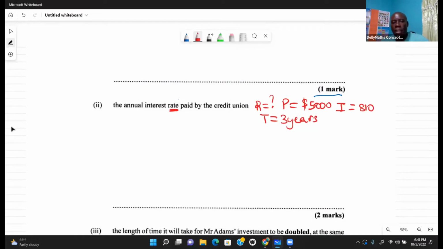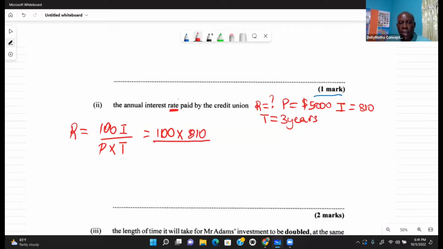Remember, I gave you a formula that you could use for rate. Rate is equal to 100I over P times T. Rate is equal to 100 times my interest, which is 810, divided by principal, which is 5,000, multiplied by the time, which is 3 years.